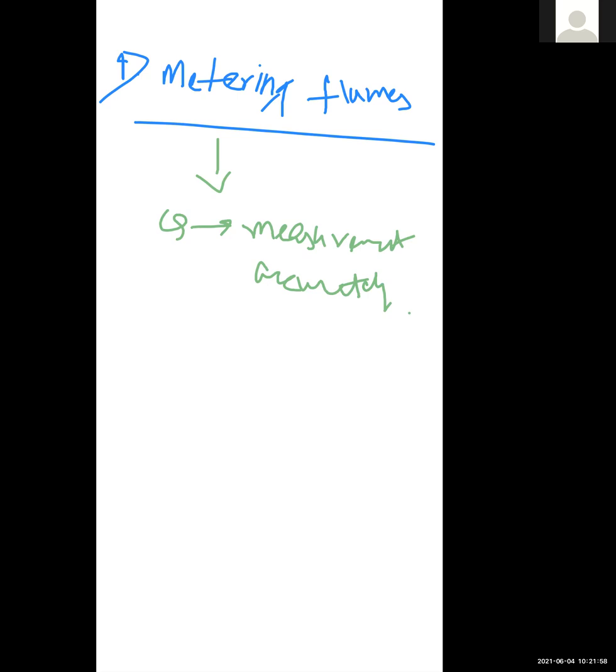So the types of metering flume are Venturi type and second is standing wave.